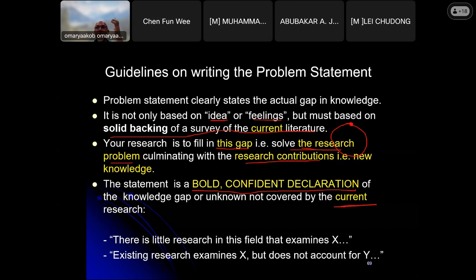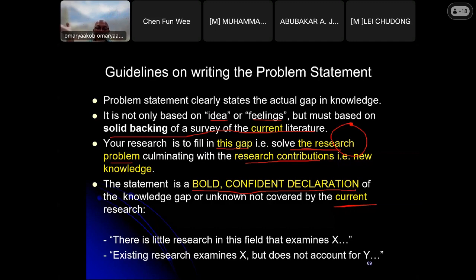So you must have this bold, confident declaration. Like just now the student says, however, there is no, okay, you must say it. You don't even have to write, according to my knowledge, or according to the literature I have surveyed, there is. You don't have to write something like that.